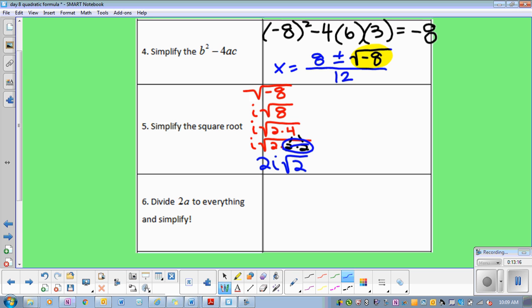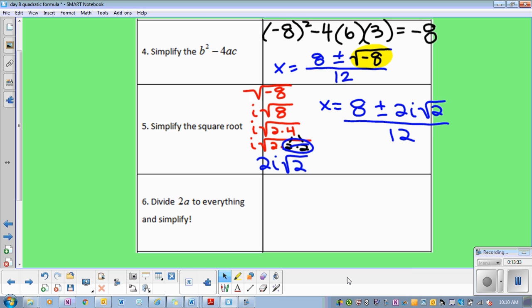So the square root of negative 8 turns into 2i root 2. So you know what? I'm going to plug it in. X equals 8 plus or minus 2i root 2 all over 12. Is everyone still with me?